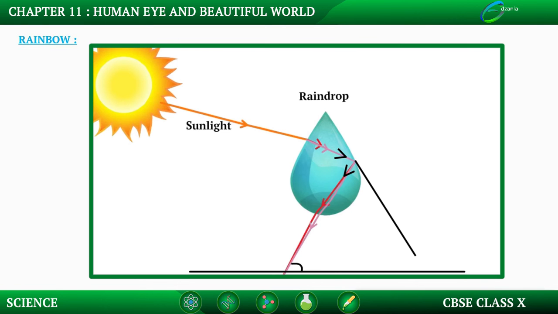But we are seeing the rainbow because of the total internal reflection, because the light rays which are moving away from the raindrop are not falling in our eyes. So the rainbow we see is because of the totally internally reflected light rays which are dispersed as well.